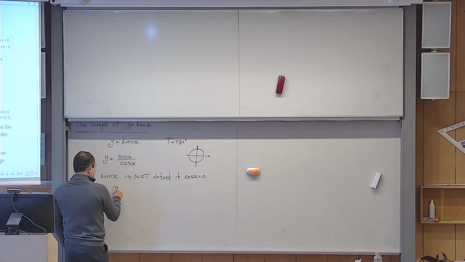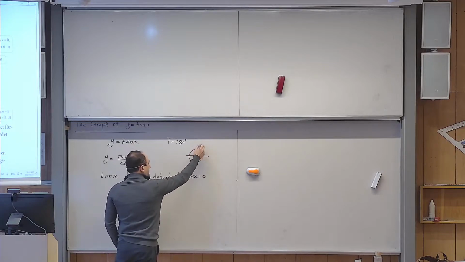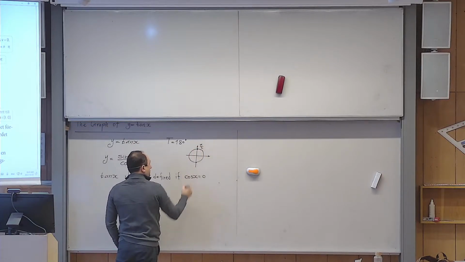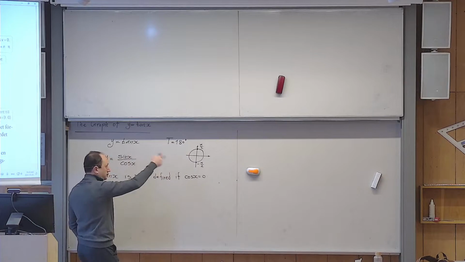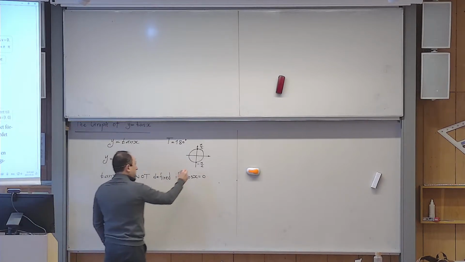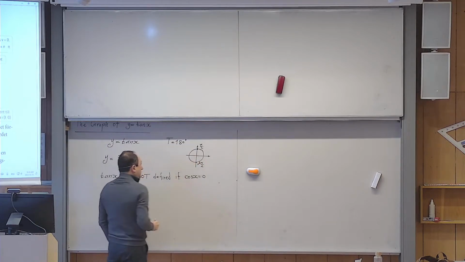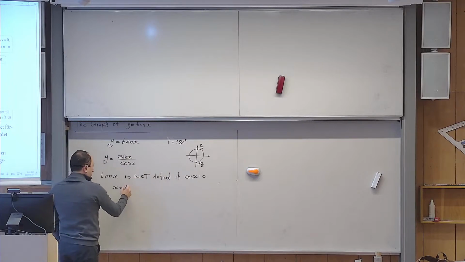x is equal to, this is 90 degrees, so let me write everything in radians. So it is pi over 2, and another one is minus pi over 2, or equivalently you can say 3 pi over 2. It depends in which direction you want to move. Okay, so if you don't mind, let me just write 3 pi over 2. So I need to consider all those points. I hope that you agree that I can write pi over 2.